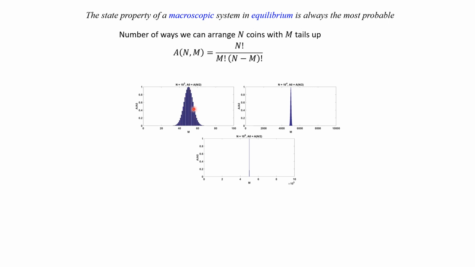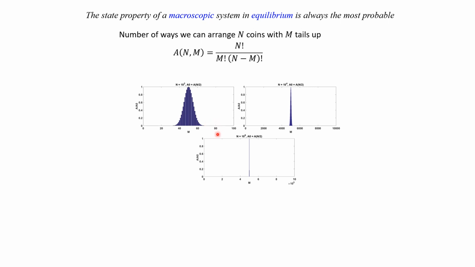So from this histogram, we expect that a number between 40 and 60 of coins with tails up is within an expected range. So we say that it is guaranteed that we're going to find 50 coins plus or minus 10 in this experiment with tails up.